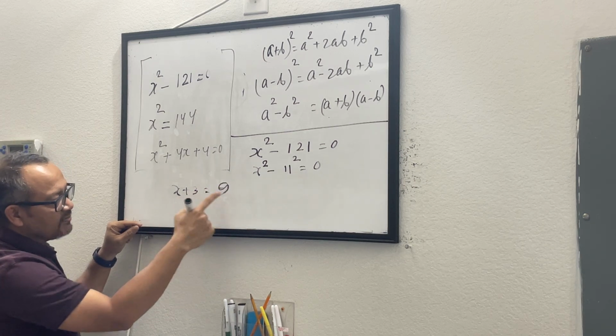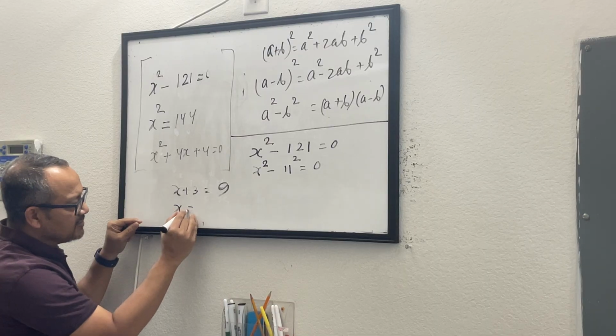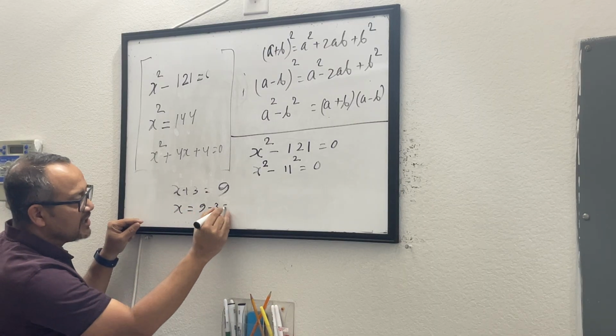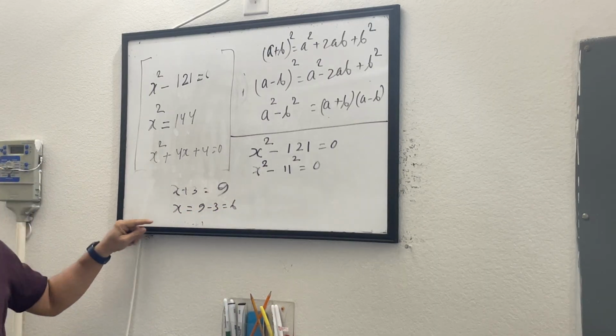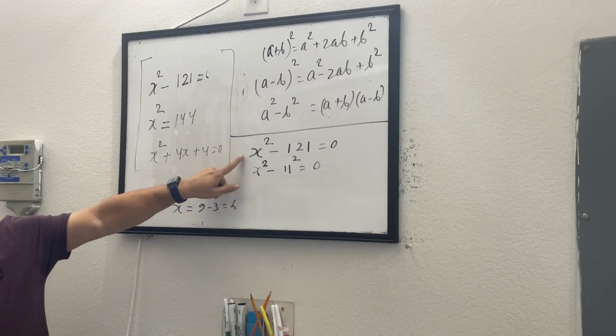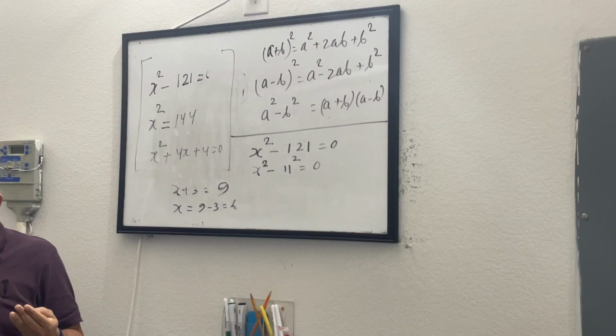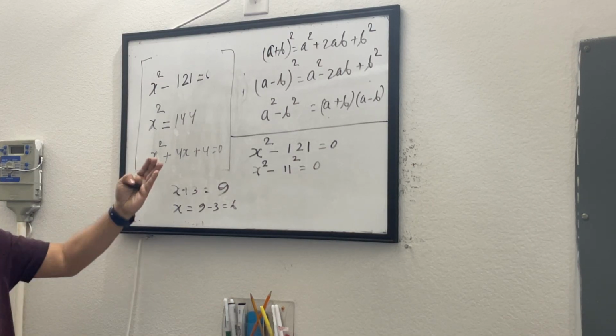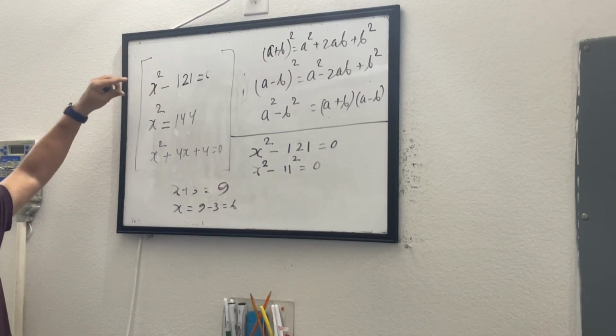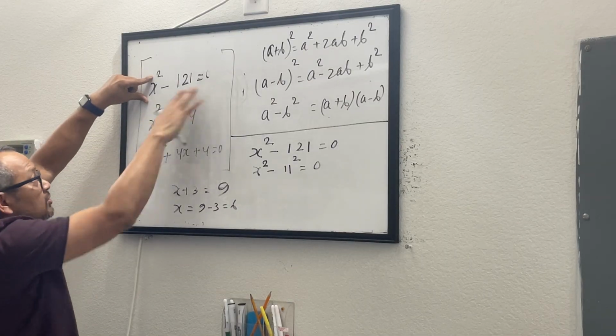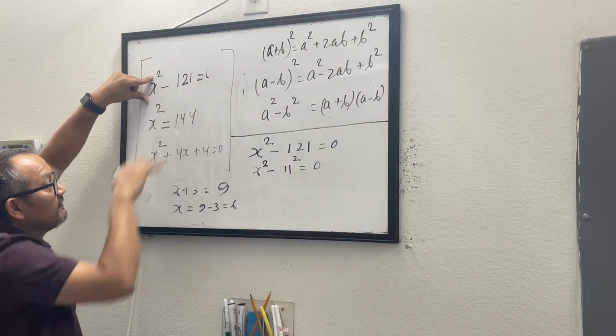You will just make this guy move to this side and it's very simple. 9 becomes 9 minus 3, x equal to 6. This is straightforward. But when you are dealing with a square, that is when we come across the positive negative sign combination. So that is why you cannot do it in one go, say okay, x square minus 121 equal to 0, so x square equal to 121, so x equal to 11.